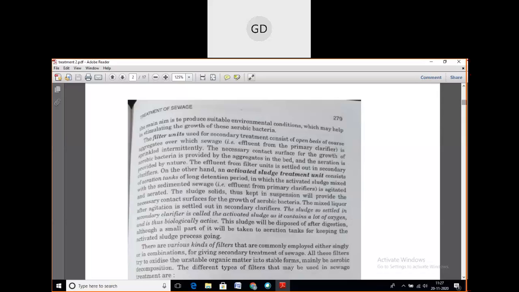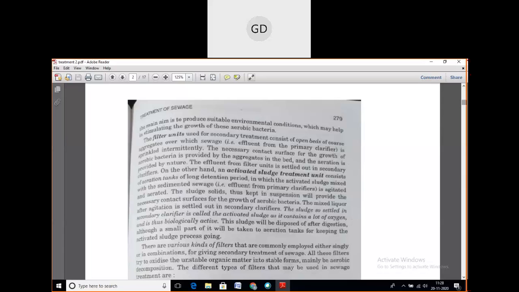Now, the filter units used in the secondary treatment plant consist of open beds of coarse aggregates. Over the coarse aggregates, the sewage is sprinkled intermittently.